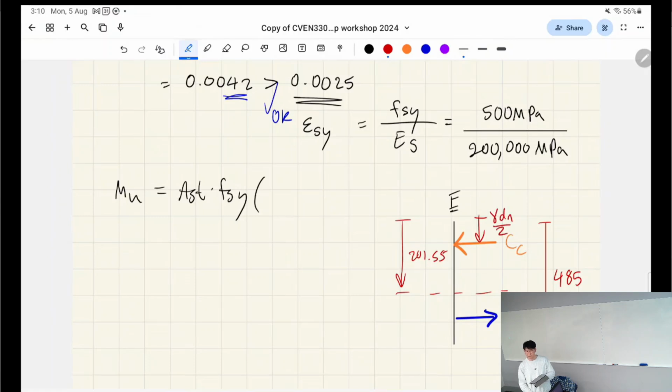Got it? So what we have to do is we have to take 485 and subtract gamma dn on 2. Right, so what we've done is we've taken this, subtracted this, and it gives us this, right? dn was this number here. Gamma was 0.875.